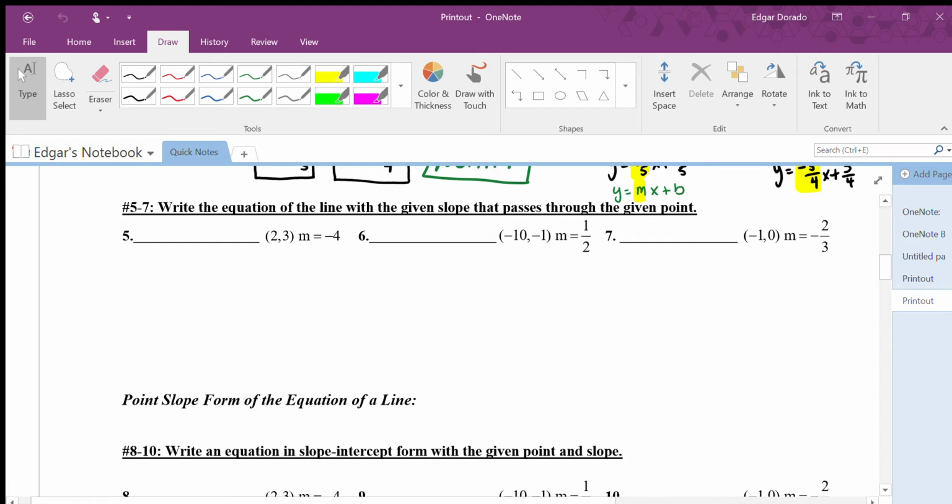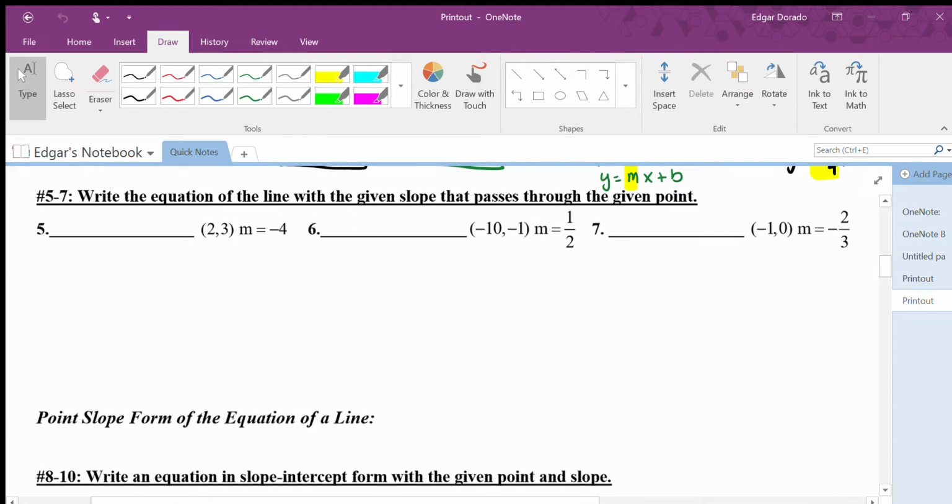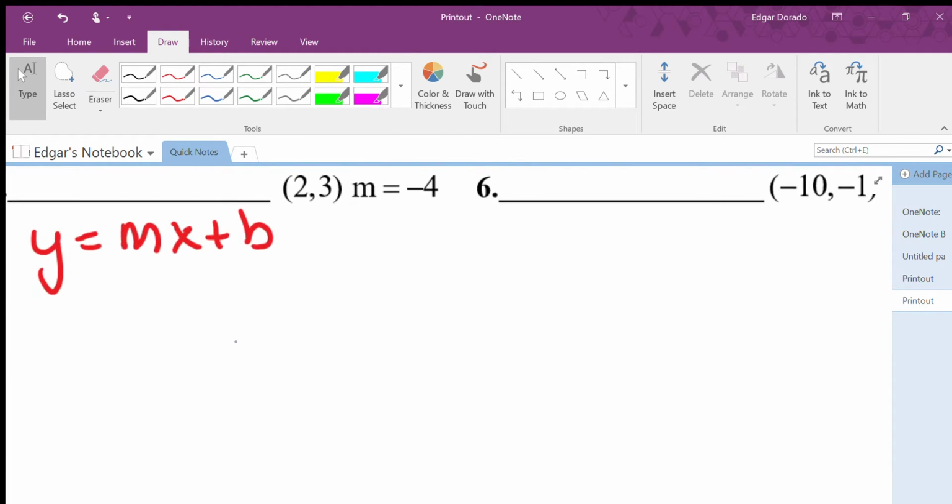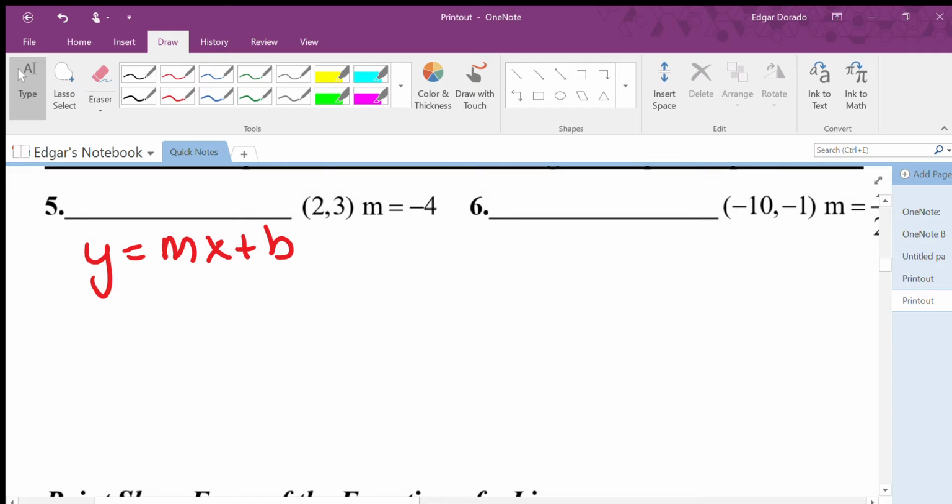First off, because I like to constantly be writing and make sure that I have all my information right, I'm going to write y equals mx plus b. That's one thing that we know for sure. Okay? Let me zoom in here. So I do know my slope. In this case, it's going to be -4. And I also know something else.